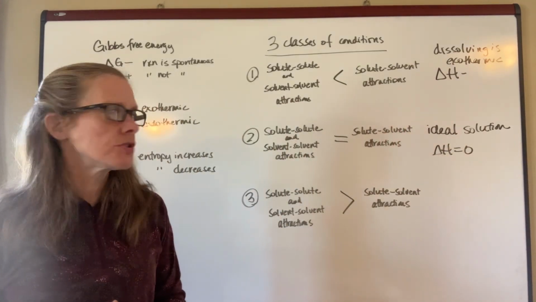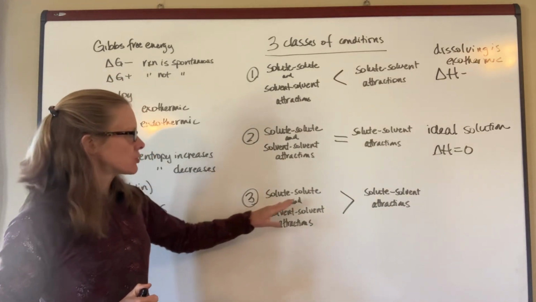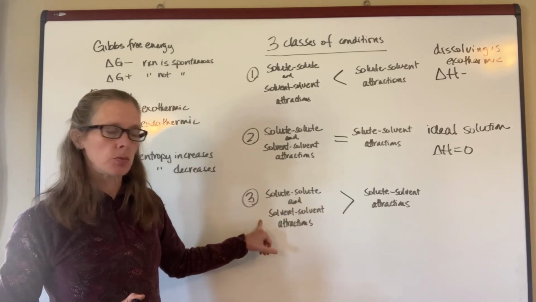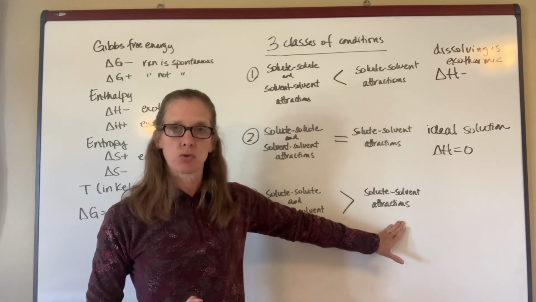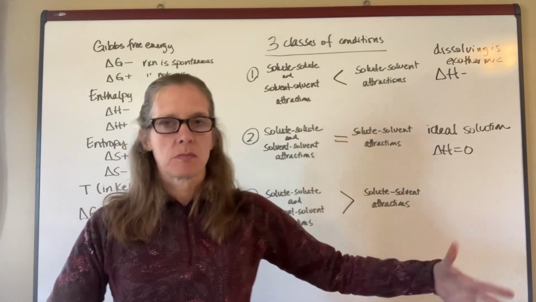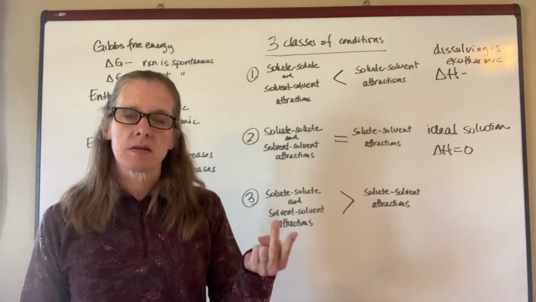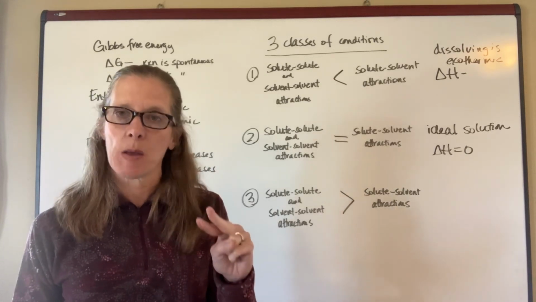Now, the third type of situation that I'm going to have is if the solute is attracted to itself and the solvent is attracted to itself more than the solute and solvent are attracted to each other. An example of this is something as simple as salt water. In salt water, your sodium ions and your chloride ions are attracted to each other in an ion-ion type of attraction.